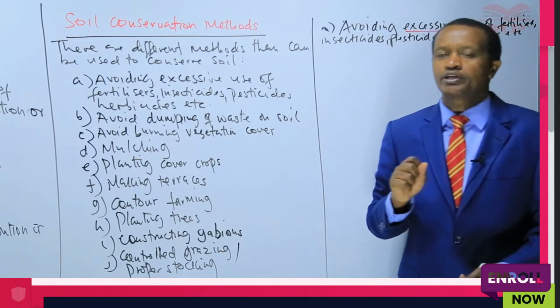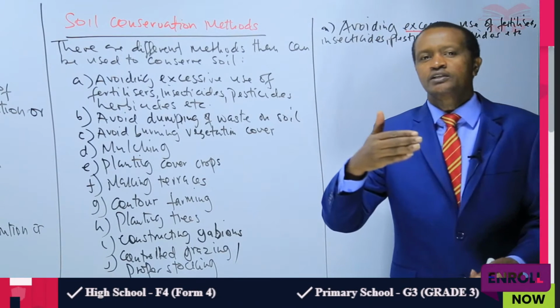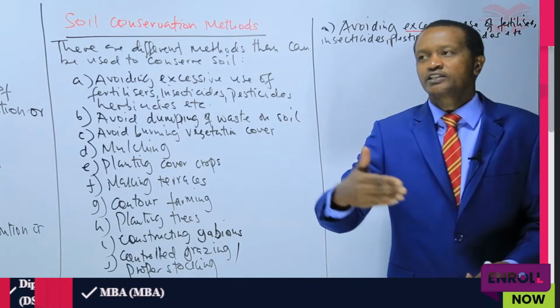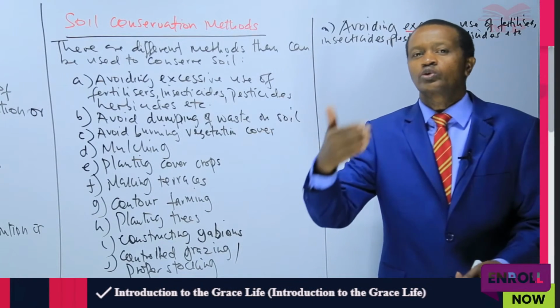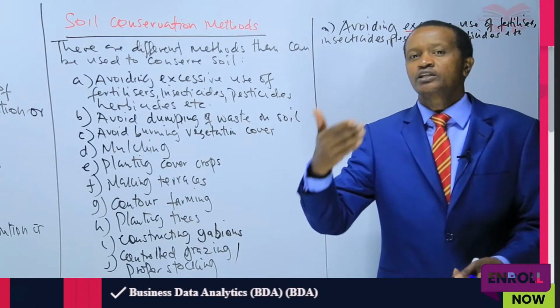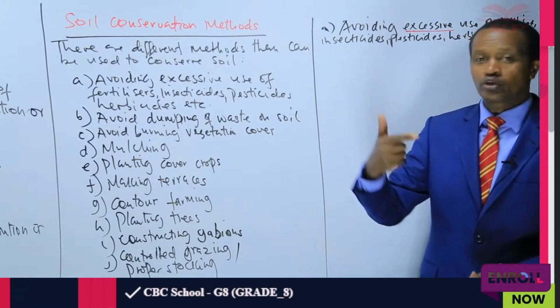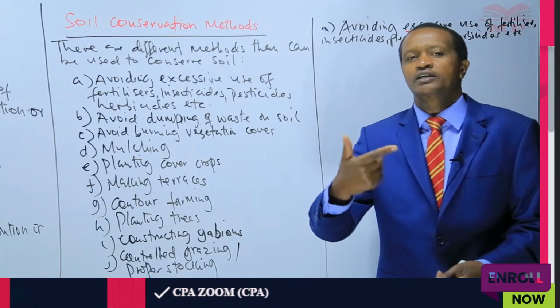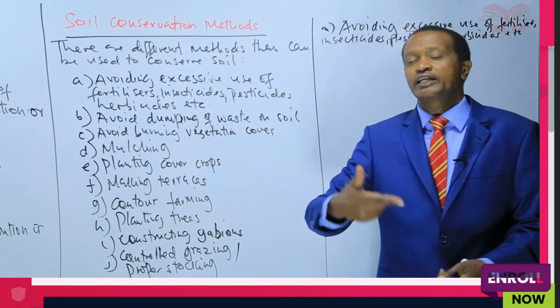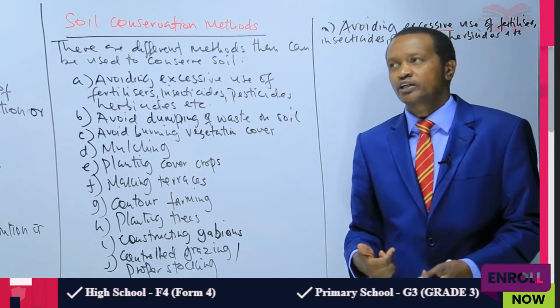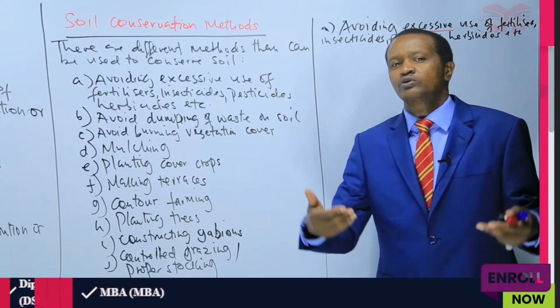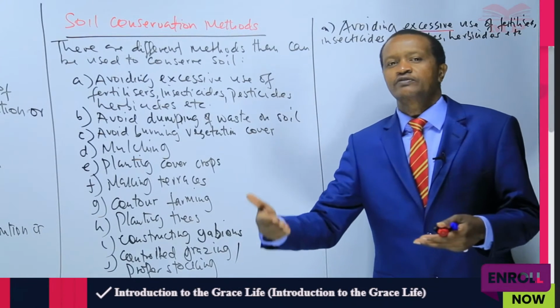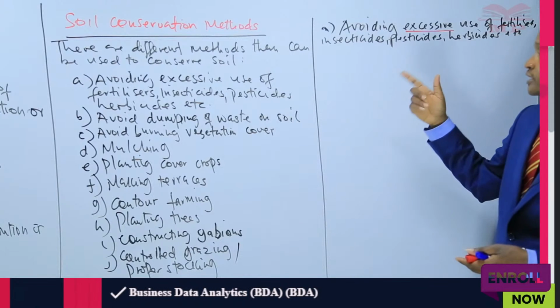Why? Because these fertilizers, pesticides, and herbicides contain chemicals which can cause soil pollution, and that happens when they are used in excess.